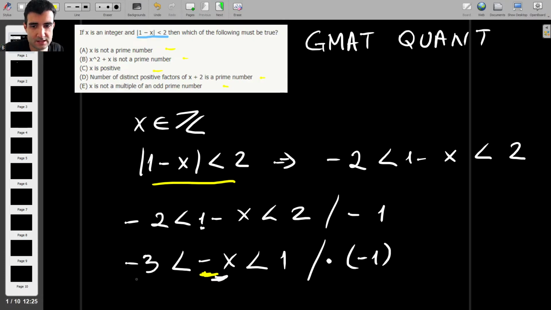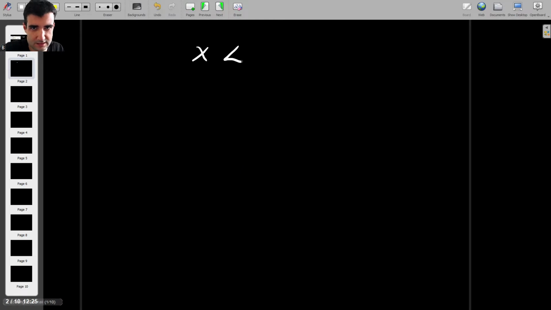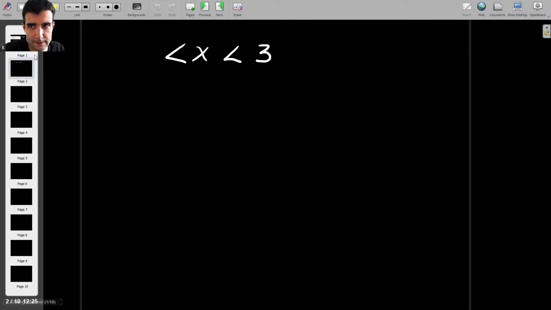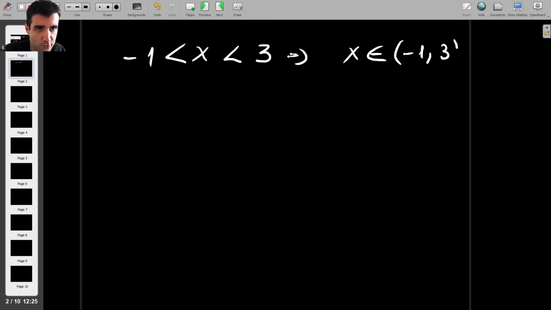The minus 3 turns into a 3, but this turns around, so this becomes less than 3, and this other side also gets flipped around and becomes greater than minus 1. So x is part of this interval from minus 1 to 3.